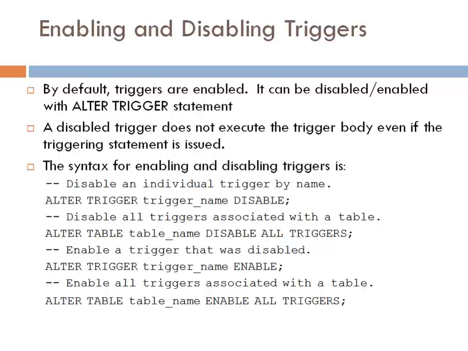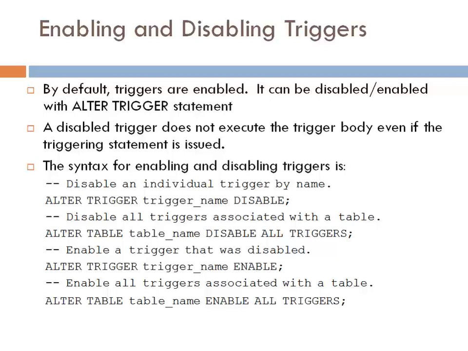If you want to disable a trigger individually, that means if suppose on a table you have 5 triggers and you want to disable only one trigger, then you can give the alter trigger command. But if you have a table where you want to disable all the 5 triggers, then you can give one single alter table command to disable all the triggers.